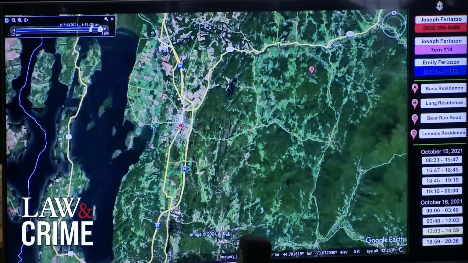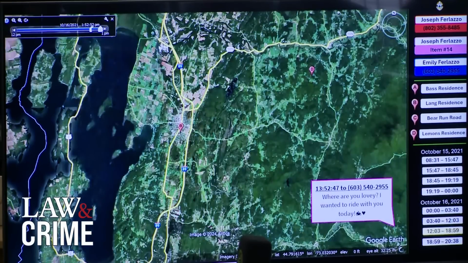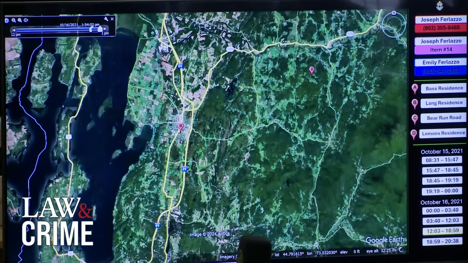There was an outgoing message to Emily's number at 1320. Looking at that cell site usage, I'm seeing the same cell site location getting used over and over. At 152 is another outgoing message to Emily's number from item 14. And it's designated in pink to show that that is the source of that information.